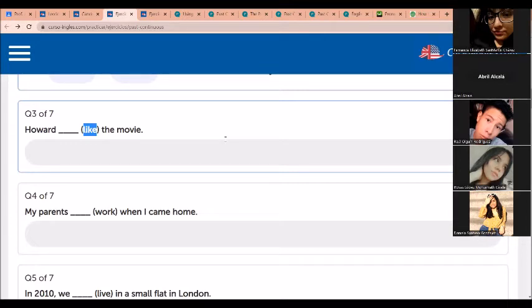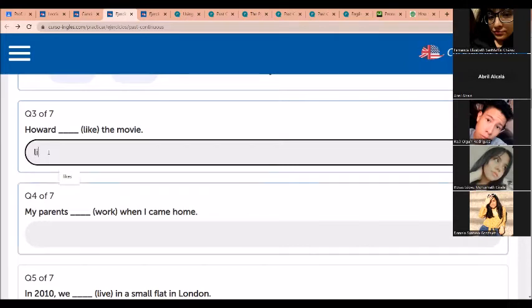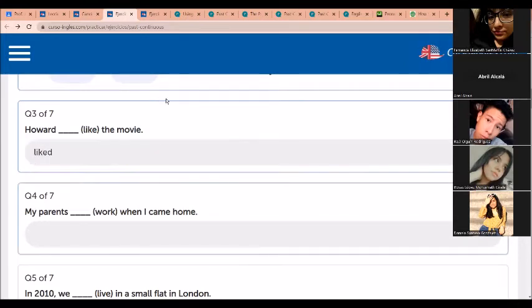Ellos no tienen una forma progresiva porque existen siempre. So remember, for these stative, emotive, possessive, all the verbs that are non-active, they don't change. So Howard, in the past tense, liked the movie.